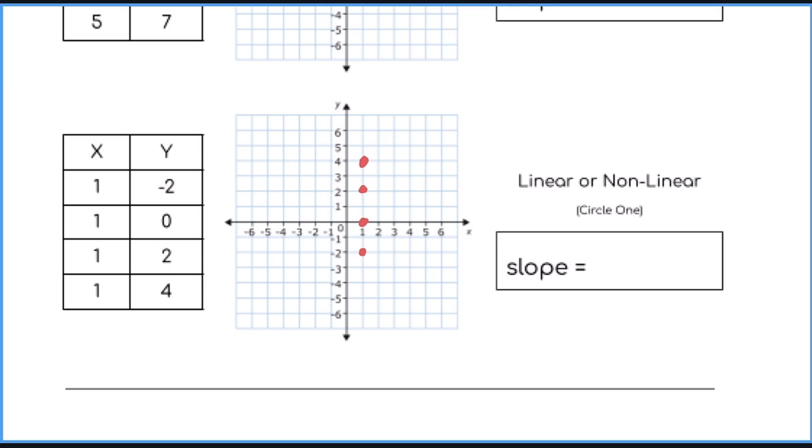Can you take your ruler and draw a straight line through these? Does it have a slope though? No. Because we have 0 over 2. So we are linear, but our slope is undefined.